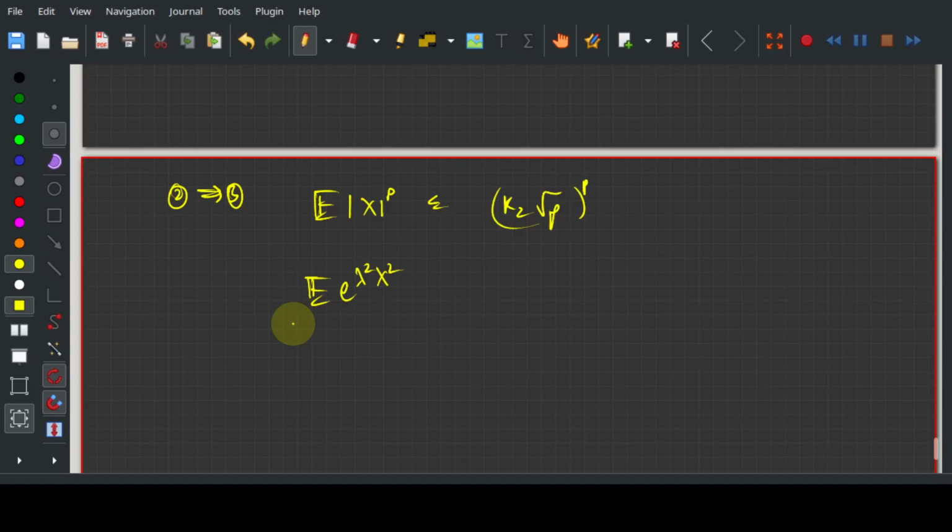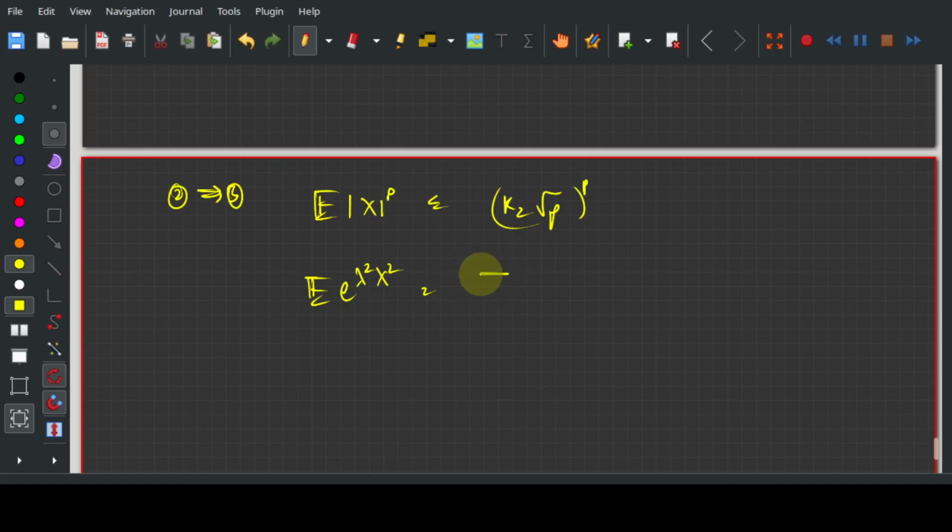Yeah, put p equals to 2i. Okay, but I want expectation e to the lambda square x square. Right? Great, so let me do that. I'll write the Taylor series expansion of e to the lambda square x square.